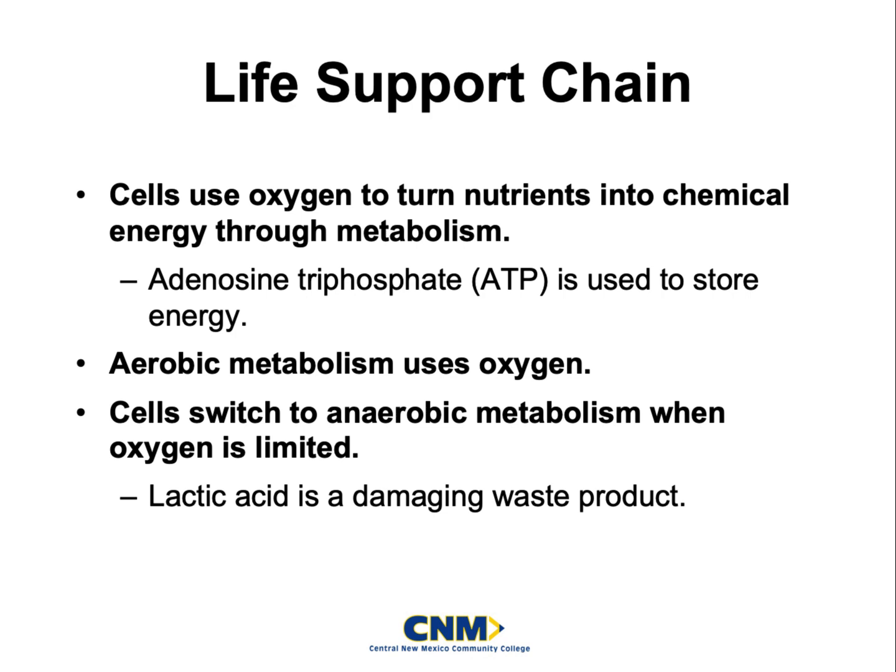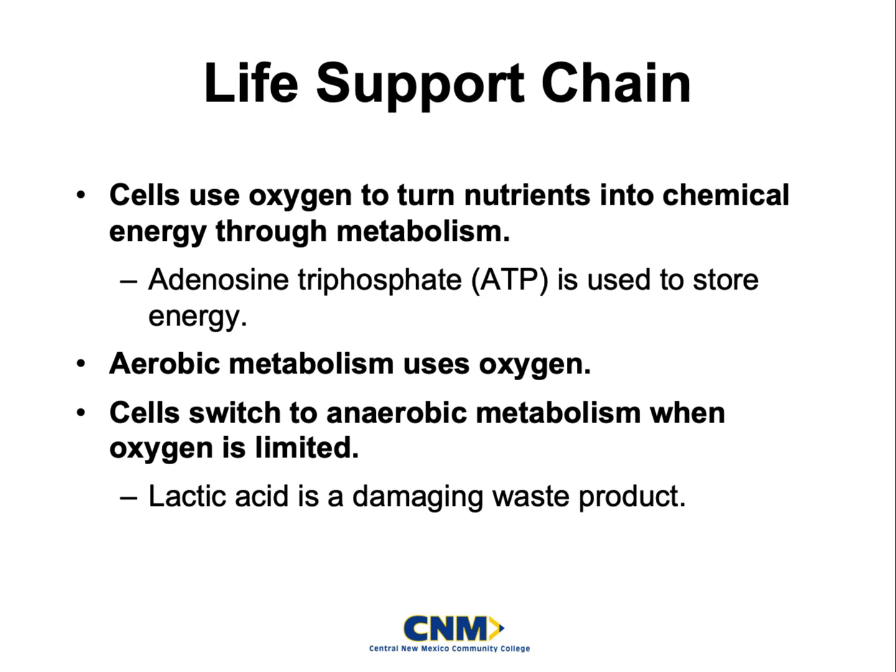Okay, so cells need oxygen to produce energy and to help convert nutrients into chemical energy through metabolism. Our cells, if we are in an aerobic metabolism, which means that we are getting plenty of oxygen, or the adequate amount of oxygen, to our cells, produce something called ATP, also known as adenosine triphosphate.